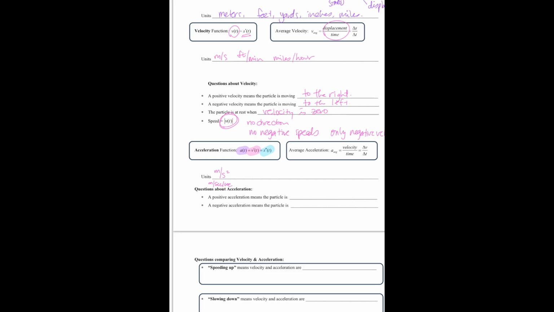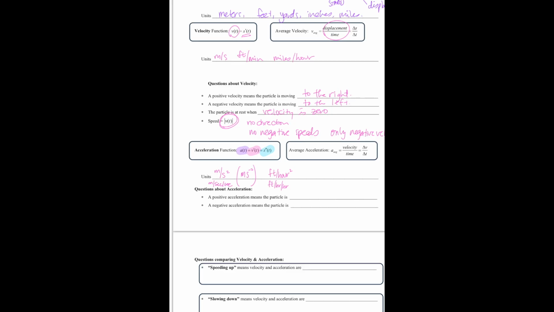For those of you in IB, you may see it as meters second negative 2. You could also see something like feet per hour per hour. It's a change of velocity over time.